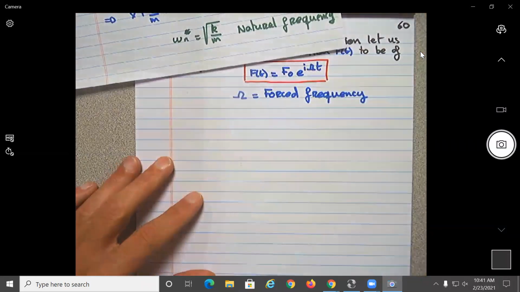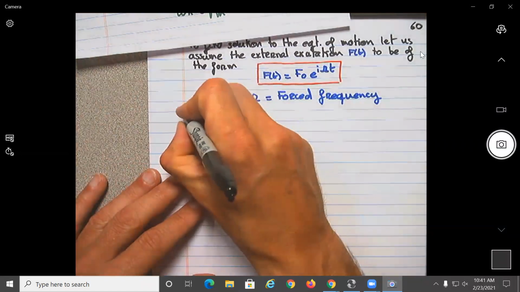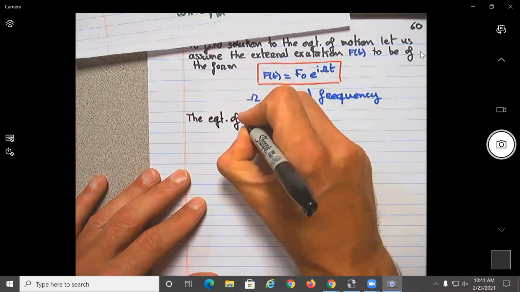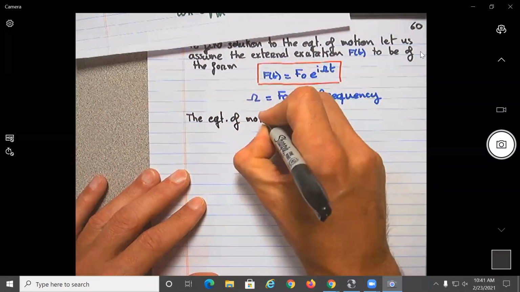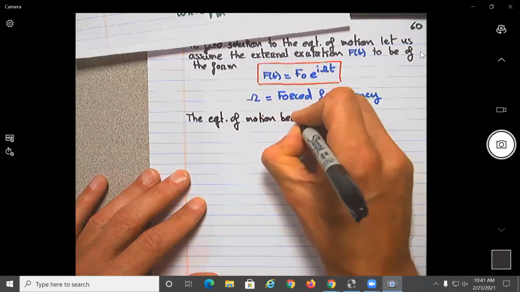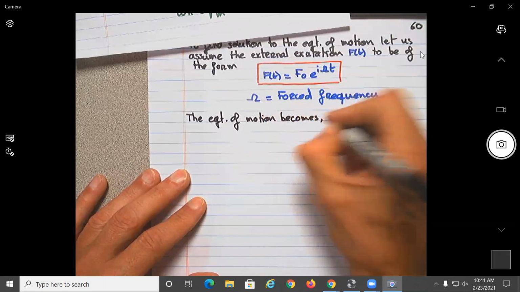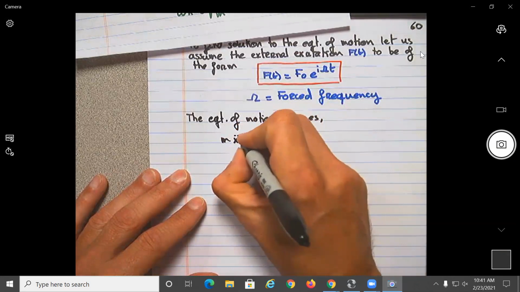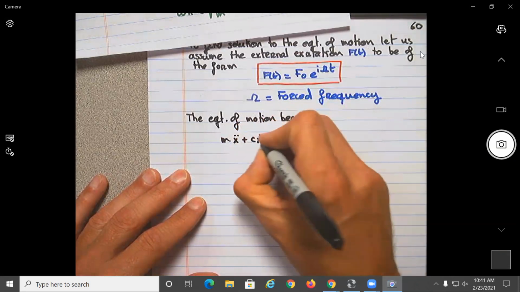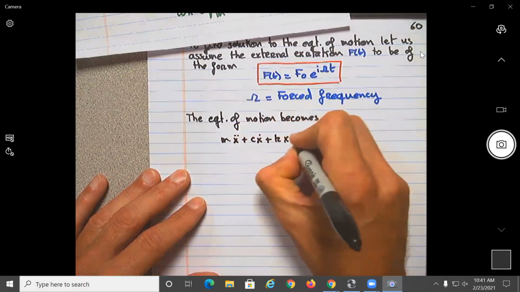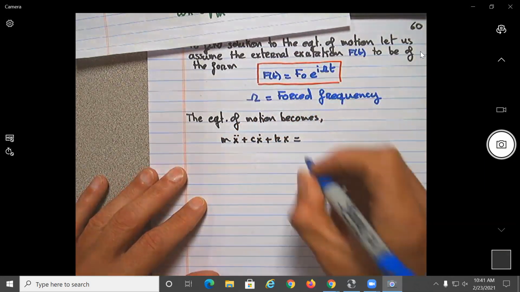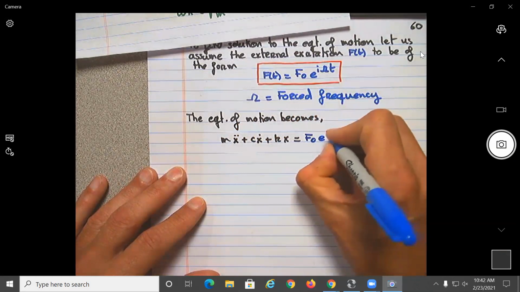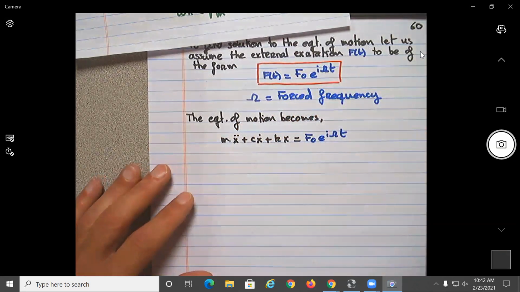So in that case, the equation of motion becomes M x double dot plus c x dot plus kx equal to F sub naught e to the I omega t.